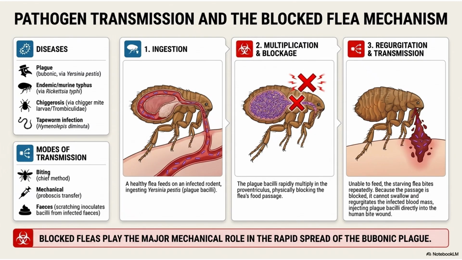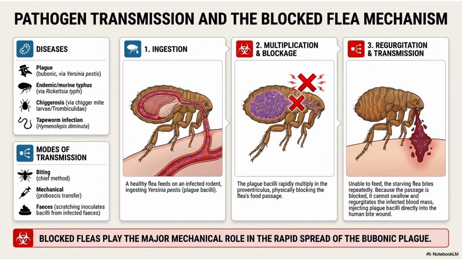Then it cannot suck the blood properly, so the flea will be very hungry. When it is unable to feed, the starving flea bites repeatedly and aggressively because the passage is blocked and it cannot swallow. It will regurgitate the infected blood mass and inject the plague bacilli directly into humans when it is biting aggressively.